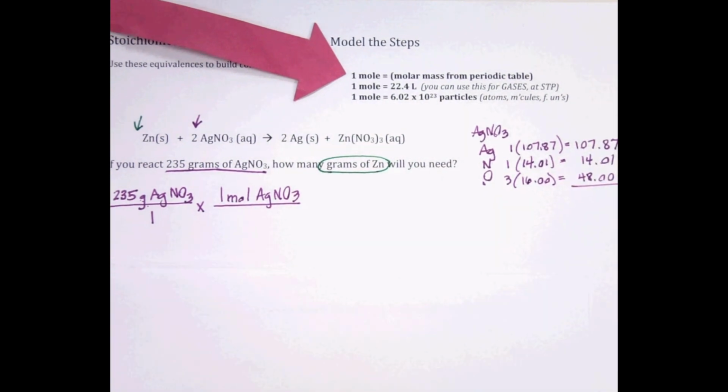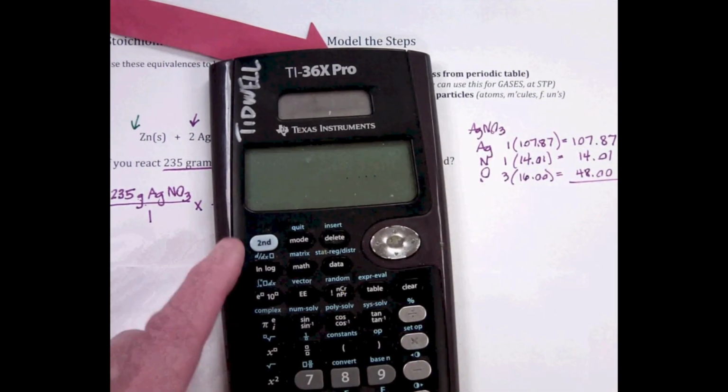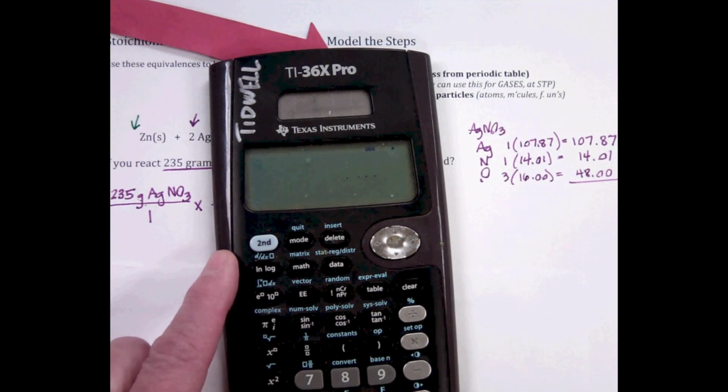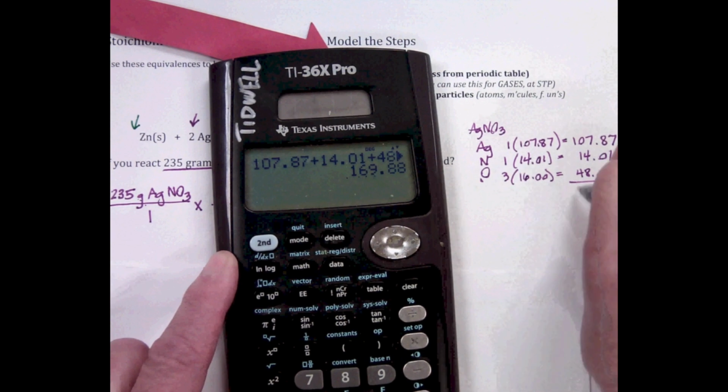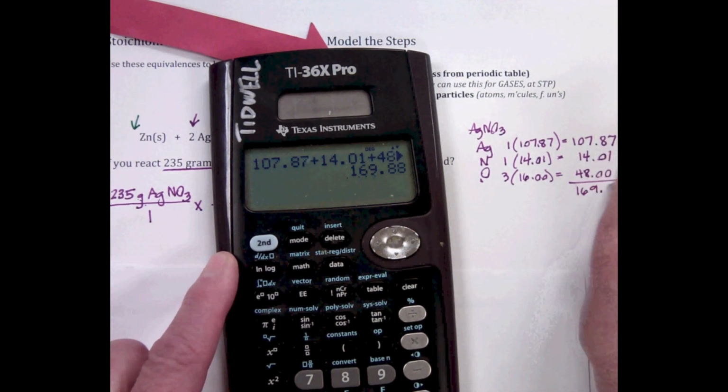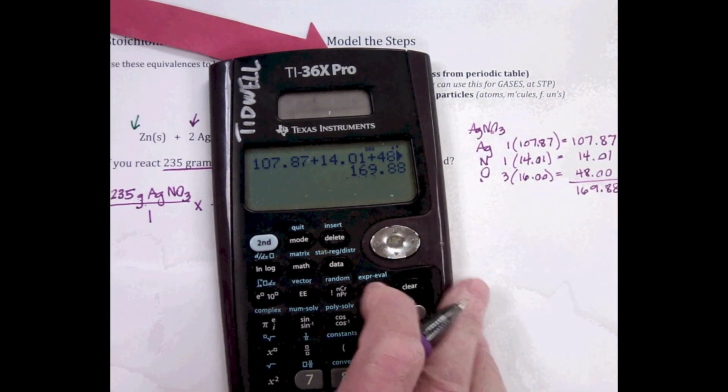Now I grab a calculator and add up those pieces: 107.87 plus 14.01 plus 48.00, and 169.88 is the molar mass.